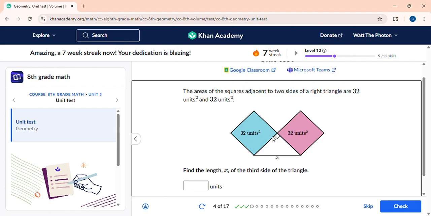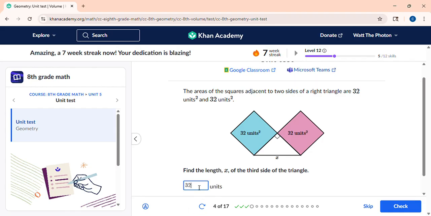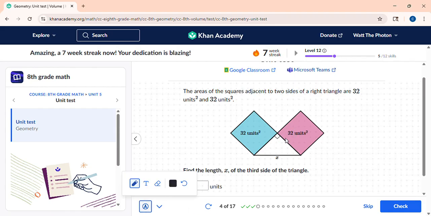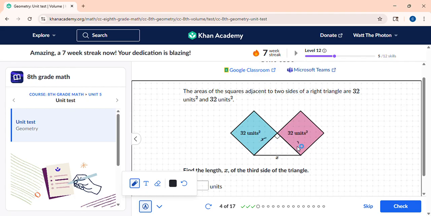we're going to find the square root, so we're going to have the square root of 32, and then, I think it'll be 32 actually, because this is a right triangle. You're going to have x, and then the square root of 2 times x.